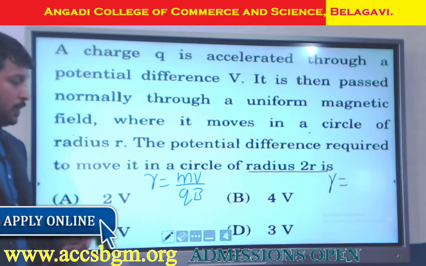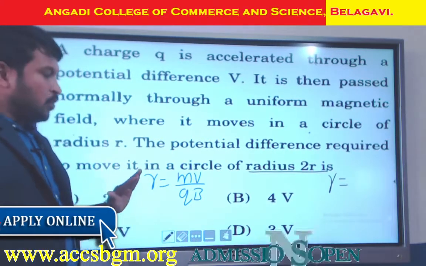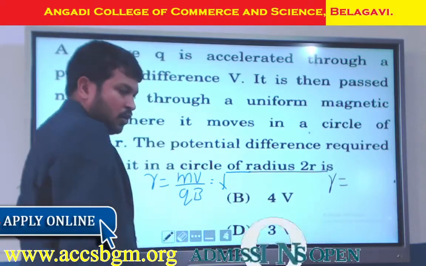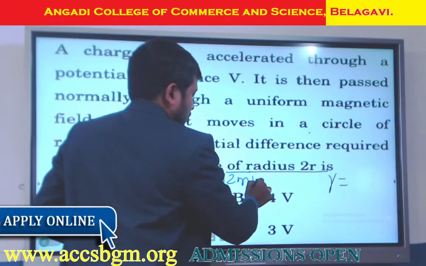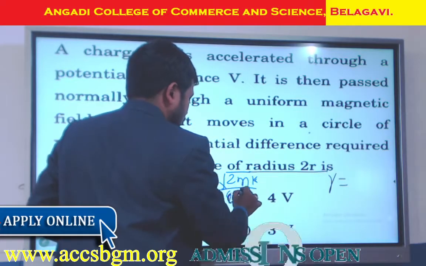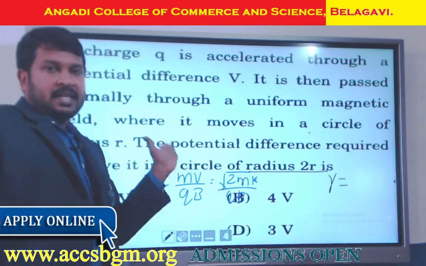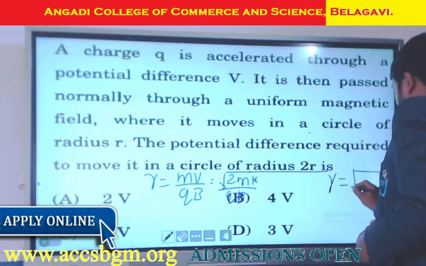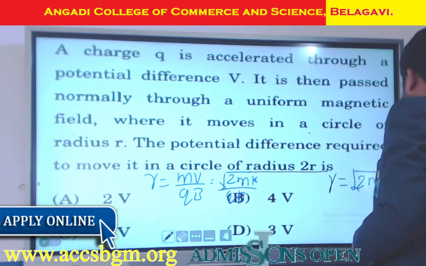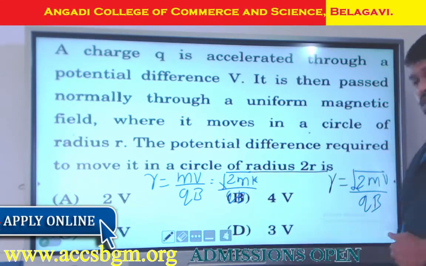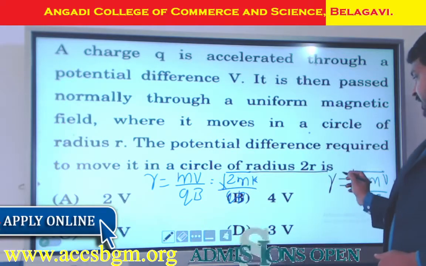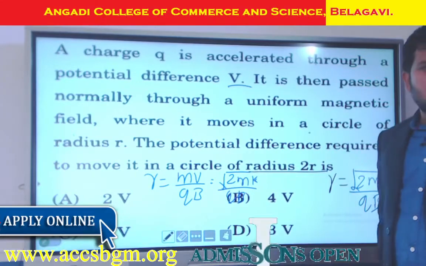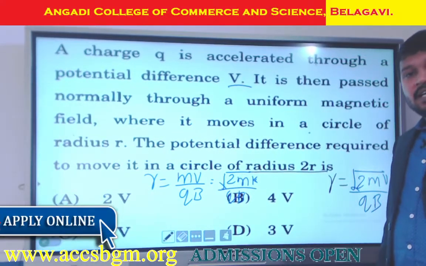You remember this formula. mv is nothing but momentum, which we convert in terms of kinetic energy: root of 2m times kinetic energy by qB. This kinetic energy again we convert in terms of potential: root of 2mV divided by q. So students, now what they have done here: if the radius is r, that time the potential is V. Now, the radius is 2r.